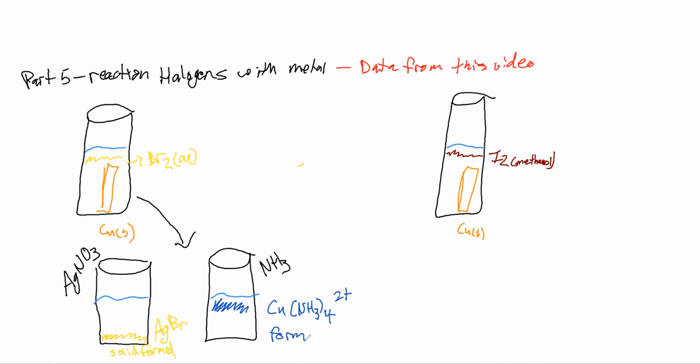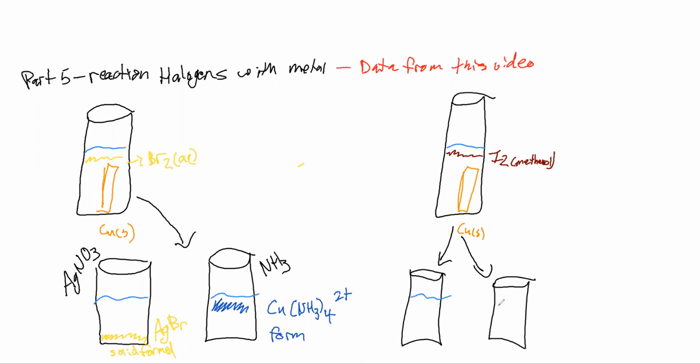So that's our results, or the observations that we should see for part 5 with our copper and our bromine. We do something similar with our iodine. We split it into 2. We add in ammonia to one and silver nitrate to the other.